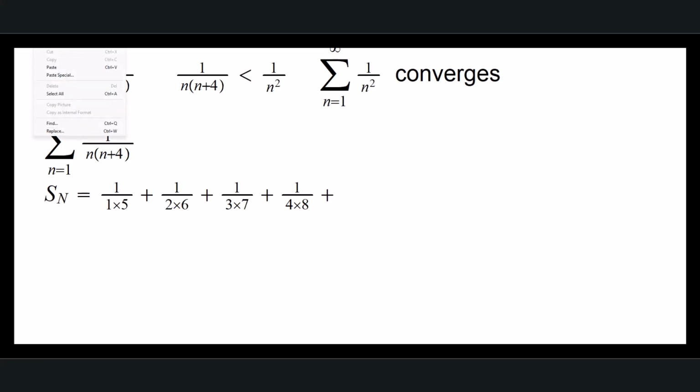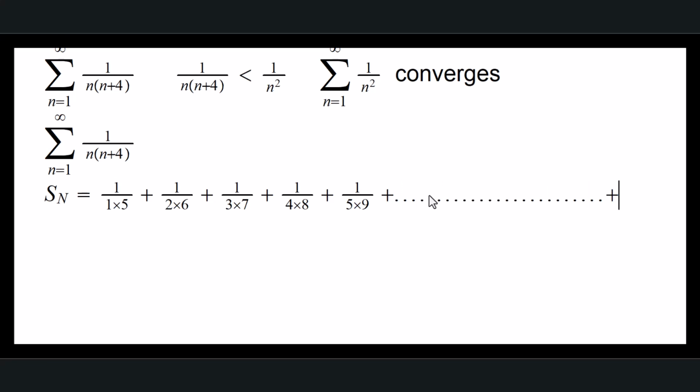I'm going to write it at the end and then bring in the other ones before. So here we have the big nth term, and that is going to be what? 1 over N times N plus 4.